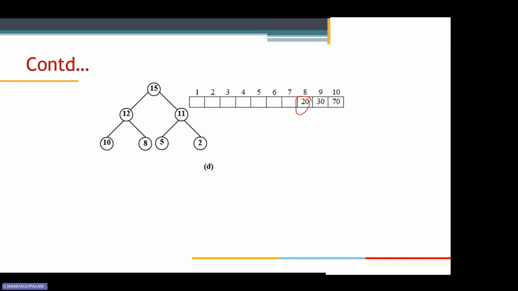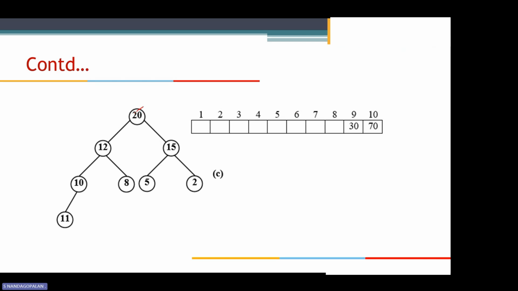You can see, and when 20 comes here, 1, 2, 3, 4, 5, 6. Okay. This is 20. This is 11. It's not a heap. So 15 goes there. So 15, 11 is already greater than these two. So no problem. So 15 is the next largest, which will go here.